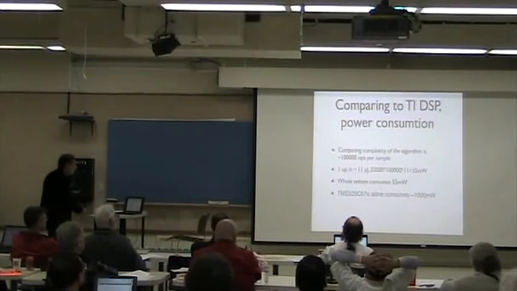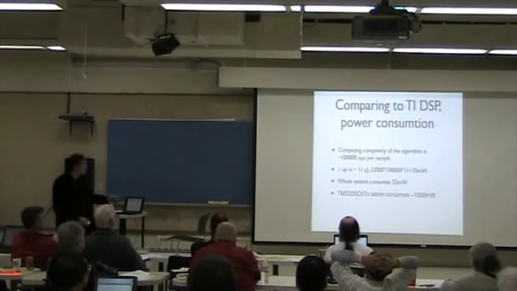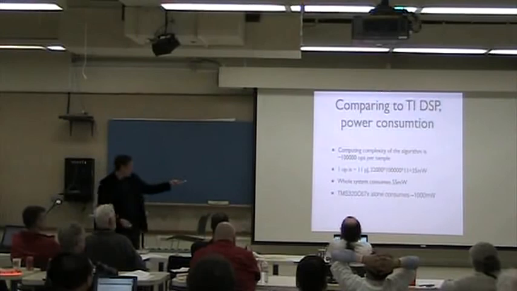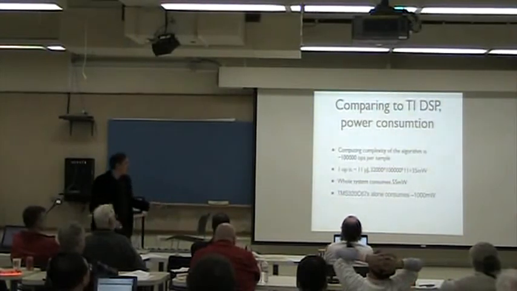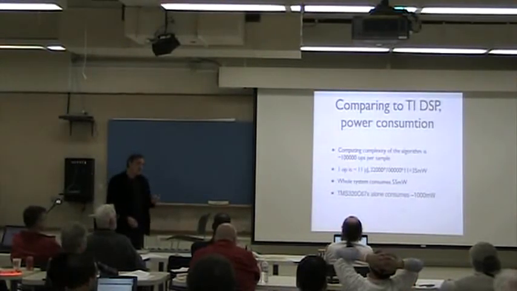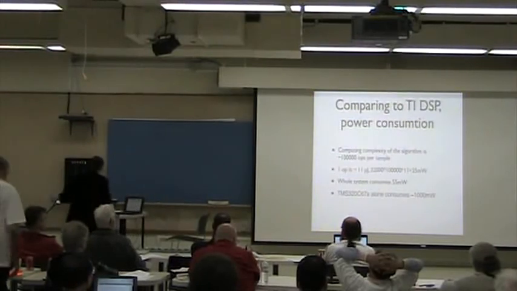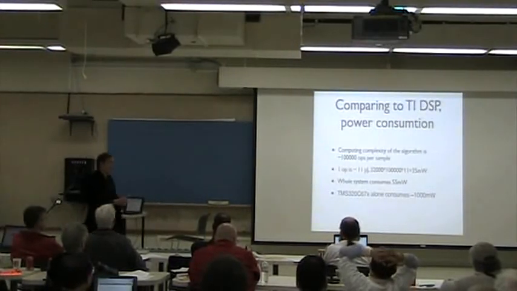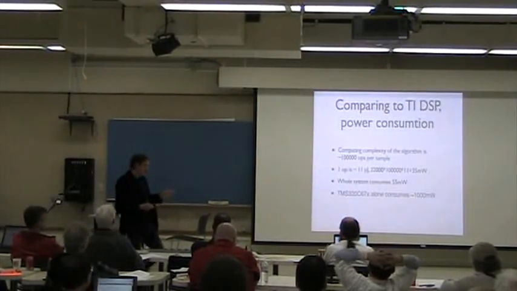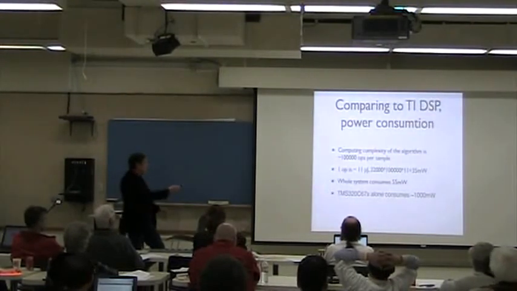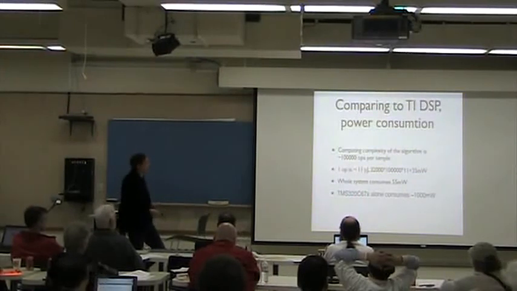And this is how it compares to Texas Instruments DSP. In 2 words, it's 20 times more power efficient. And we're talking about the best embedded TI DSPs. And this is a very fair comparison, because this DSP is designed to do the audio processing. So it's not something it's not comfortable with.